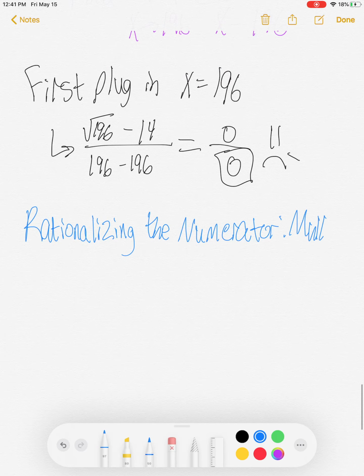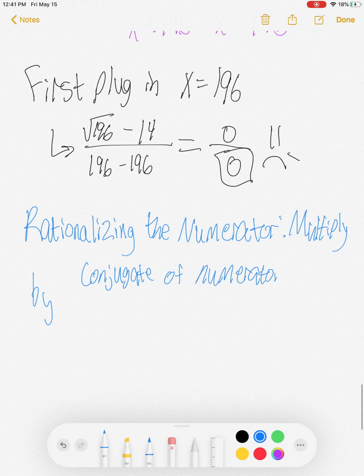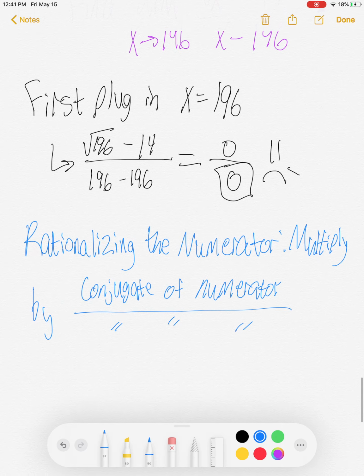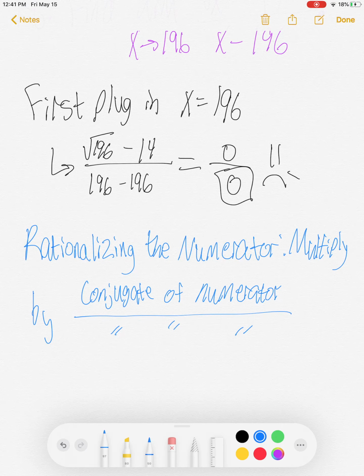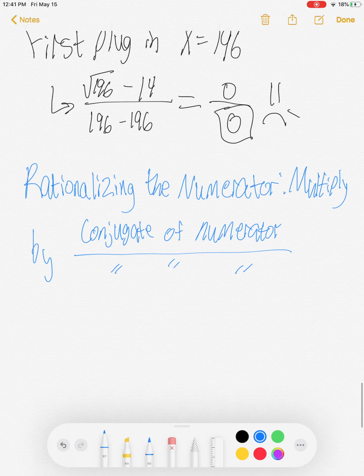We're going to multiply by the conjugate of the numerator over the conjugate of the numerator. In other words, we're just going to multiply by a big fat 1. But in doing so, some nice things are going to fall out algebraically.